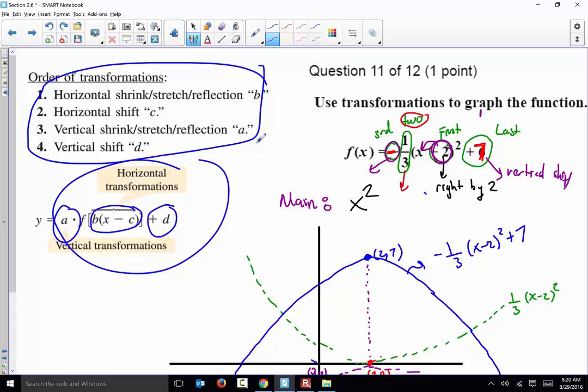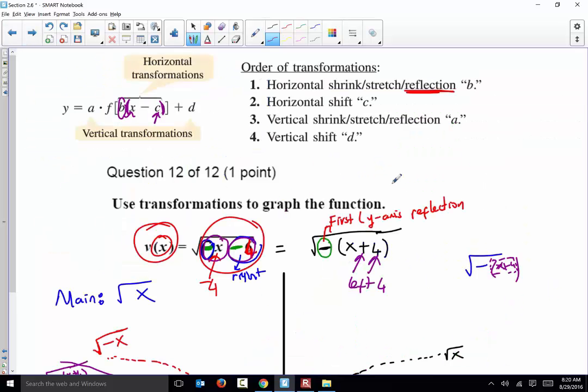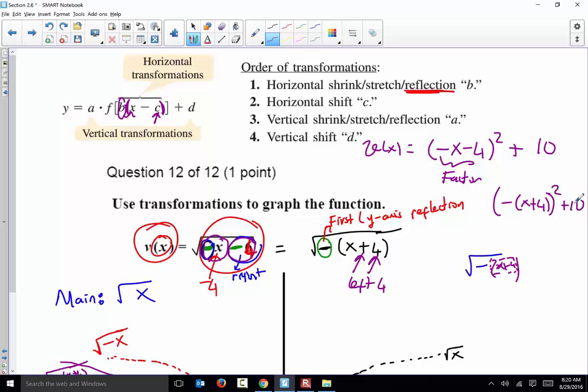I mean, if the question was not this one, but if it was negative x minus 4 squared plus 10, I would still factor here. But there is sometimes help. If you factor minus here, it becomes positive. And when you take this minus out, it turns into positive because of the square. Because when you pass the square into minus 1, x minus 4, minus 1 squared is positive 1.